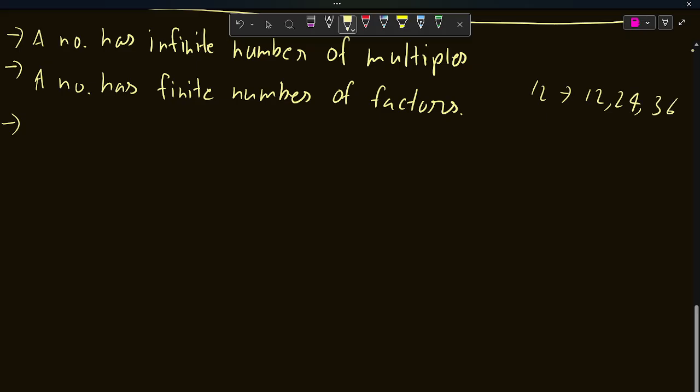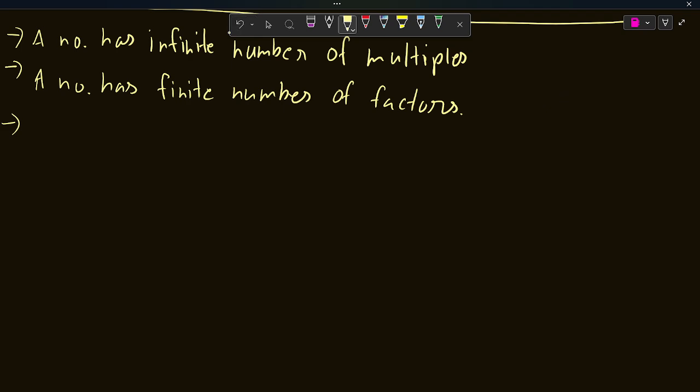So all the multiples after 12 will be greater than 12. It means 12 is the smallest multiple of 12. If I write multiples of 15, the first multiple will be 15 only. After that all the multiples of 15 are going to be greater than 15. So 15 is the smallest multiple of 15. Any number is the smallest multiple of itself.